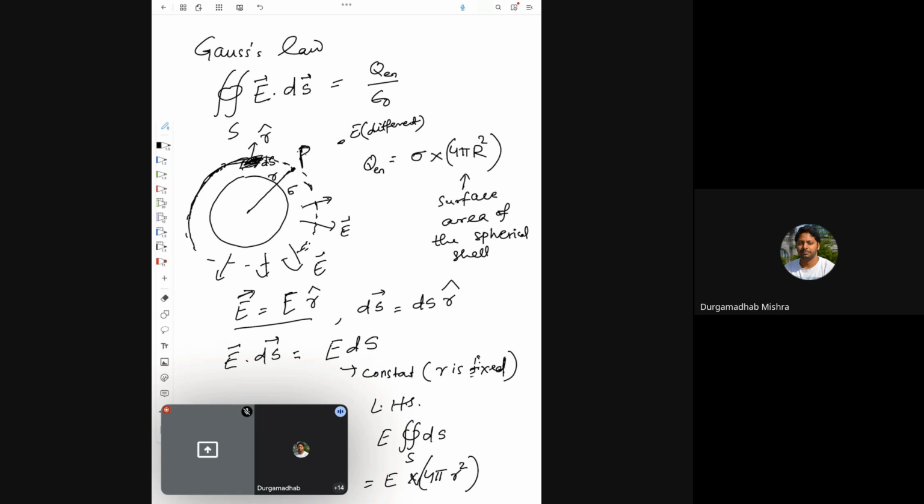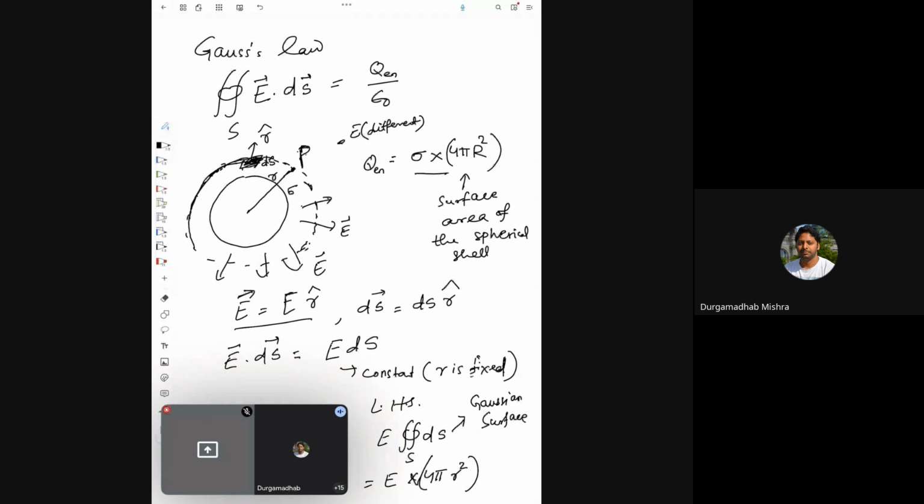So this dS represents the Gaussian surface. The Gaussian surface has a radius small r, therefore the surface area will be 4 pi r squared. The left-hand side is now simplified. The right-hand side also we have simplified.